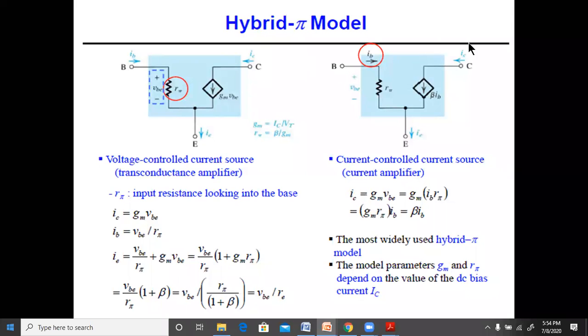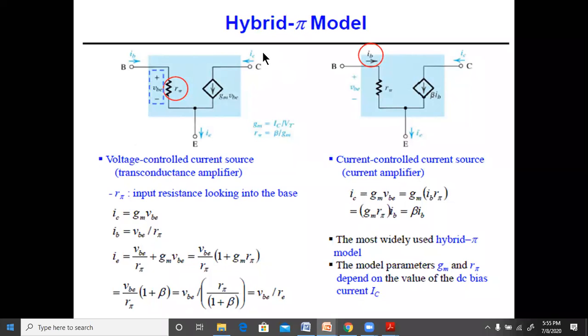Coming to this, what we are doing is replacing this GMVBE by means of beta IB. IC can also be written as beta IB. So rather than considering the voltage VB, we can consider IC and IB. When we consider IC and IB, the current amplification will be IC by IB.